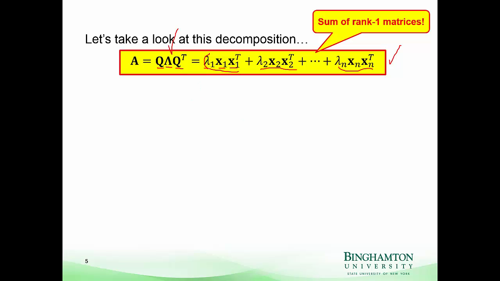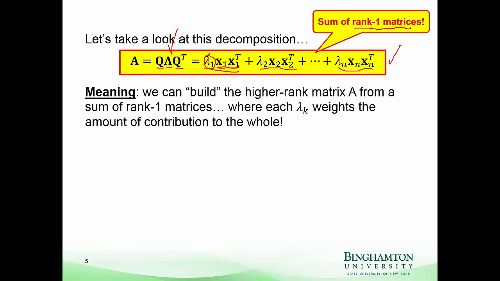And we've got a weighting factor in front of each one. Now, the interesting thing is that each one of these matrices is just x, something times its transpose. And we've talked about this before, but we'll mention it again, that those are rank 1 matrices.